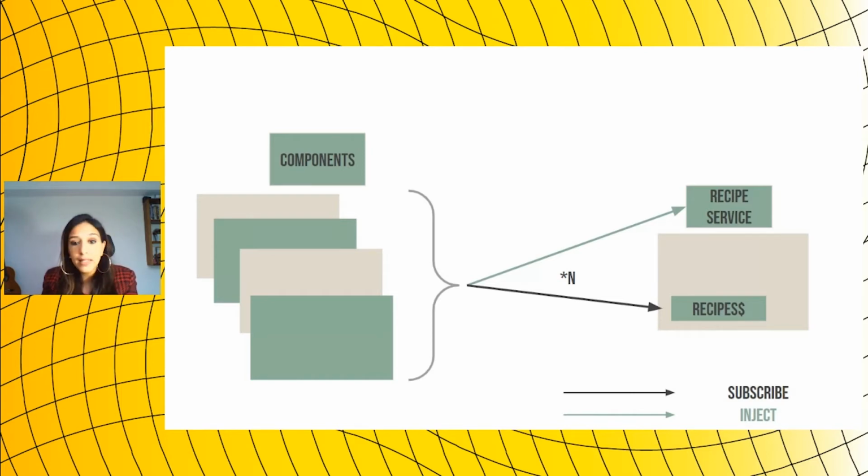So if I have many subscribers in many components, or in the same component, doesn't matter, but if I have many subscribers to this observable, I will every time see in the network console a call to this backend service.